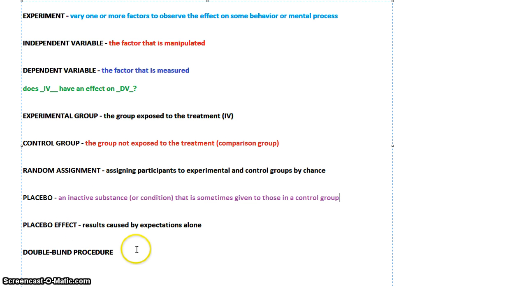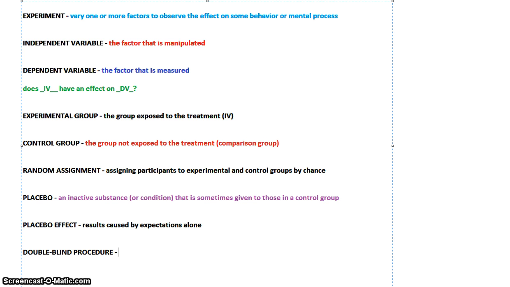So that's the placebo. And then finally, it's not just the expectations of the participants that have an effect. It can also be the researcher. So a double-blind procedure is going to help control for that.